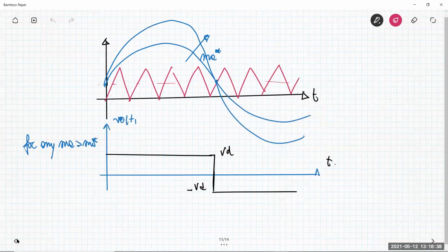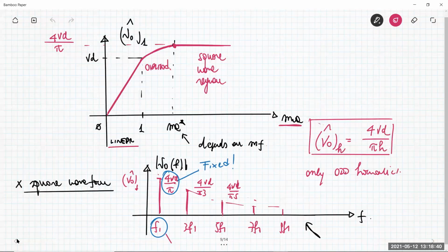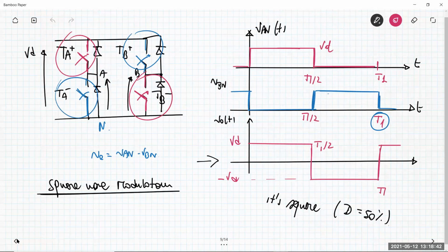Other characteristics that we can see in this behavior here: we have TA plus and TA minus on, and then we have TA minus and TB plus on. How many switches do you have in a period T1?